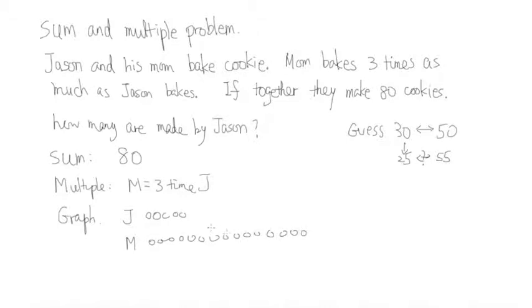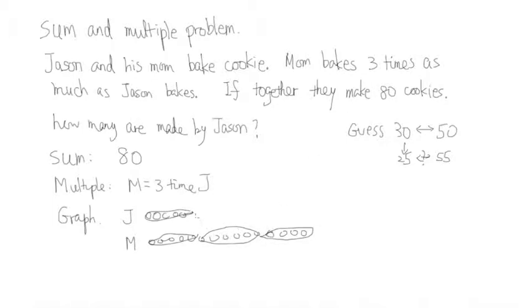Now we know that Mom bakes 3 times as much. So we could use a little bar to denote what Jason makes. And for the portion that Mommy makes, we can use 3 bars: 1, 2, 3 bars to represent what Mom makes.